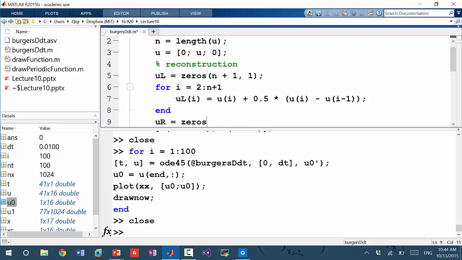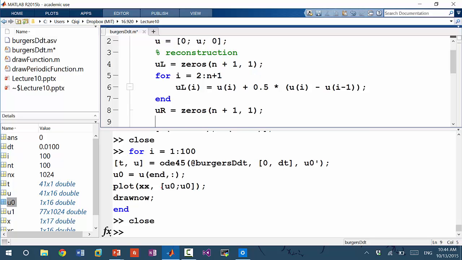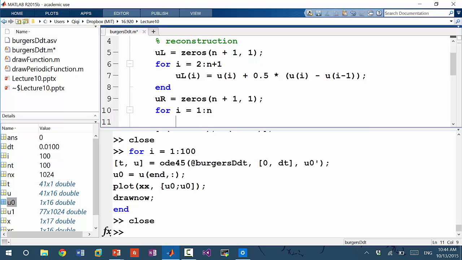UR is also equal to 0, n plus 1, 1. For I goes from 1 to n, UR of I would be equal to U of I plus 1, right? Is that right? So go from 1 to n.